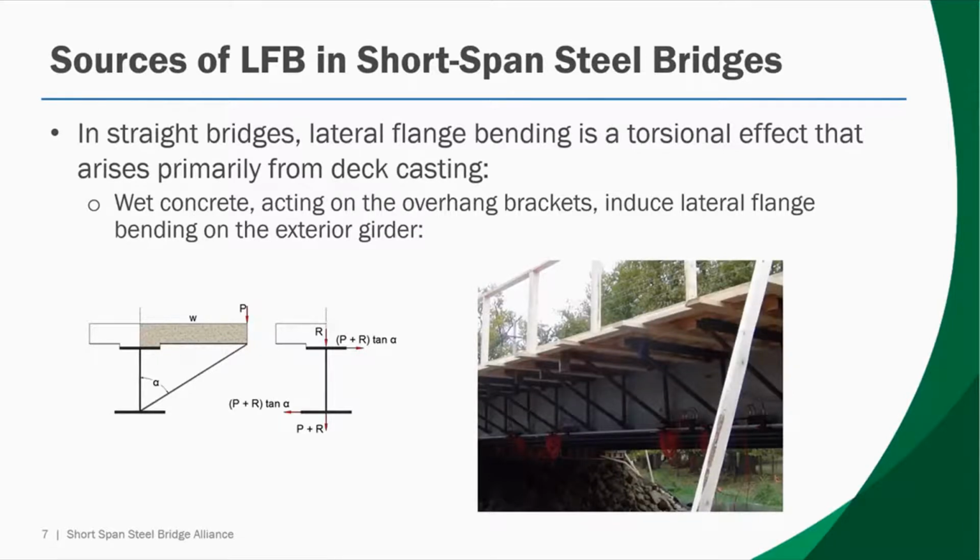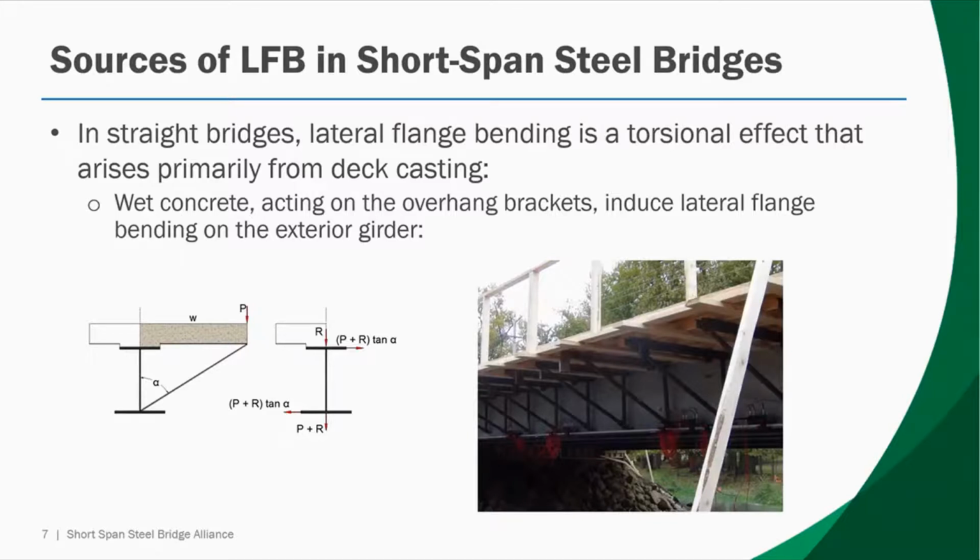When talking about short span steel bridge design, most short span steel bridges will have fairly regular geometry, and so geometry tends to not be a primary source of LFB in short span steel bridge design. Also, while wind can contribute to lateral flange bending in short span steel bridges, the girders used for short span steel bridges tend to be somewhat shallow, and so wind, while it can contribute, tends to not be as large a contributor of LFB as the general construction loading.